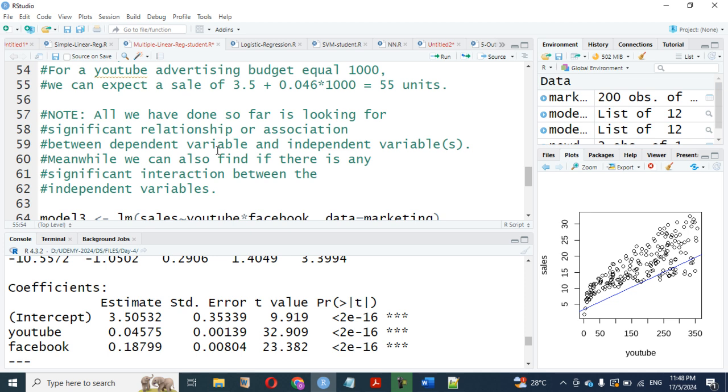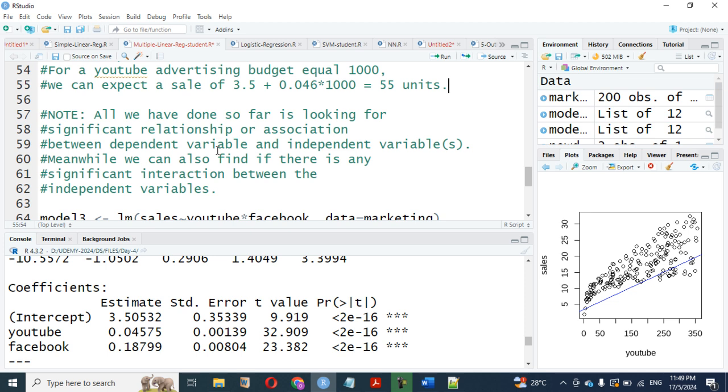So far, what you have dealt with is called a linear relationship between two variables, the y-axis and x-axis, which means that there is an association or relationship between the two dimensions. But we can also investigate further. Regression looks at a relationship between the two dimensions, but at the same time we can investigate any interaction between the predictors, the x-axis components.